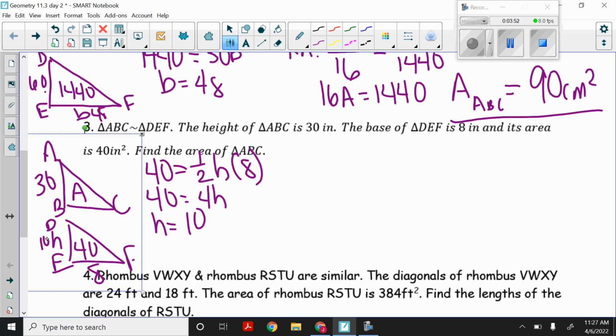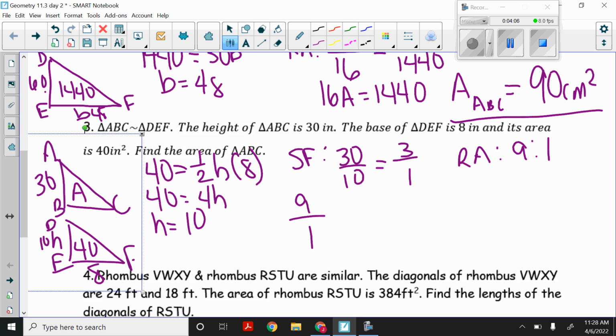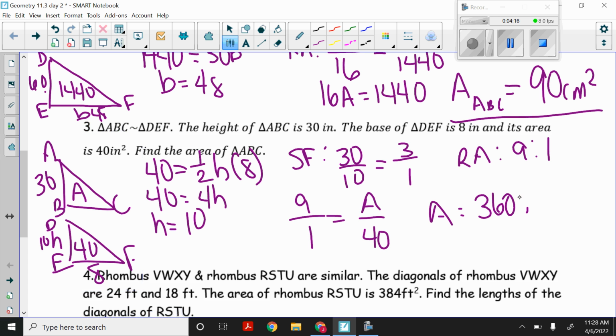So now I have corresponding sides, so I'm going to find my scale factor is 30 over 10, or 3 to 1. The ratio of the areas then would be 9 to 1. So now 9 over 1 equals the area I'm looking for over the area I know, 40. Cross multiply, I get A equals 9 times 40, 360 square inches.